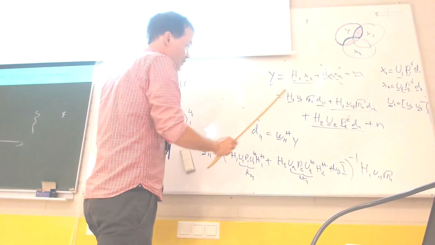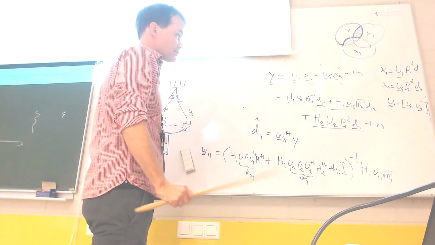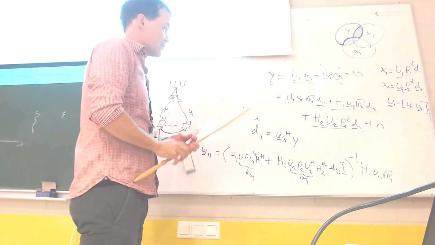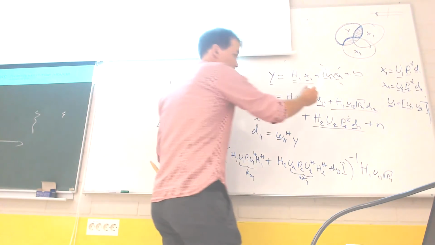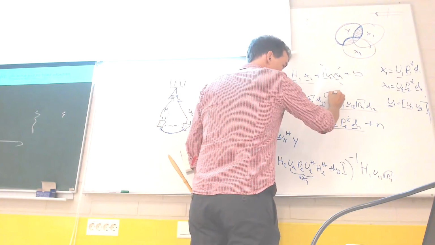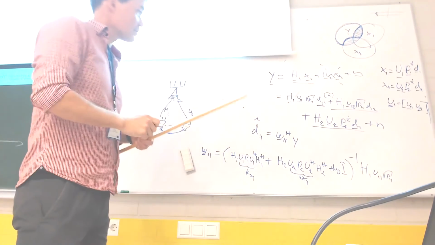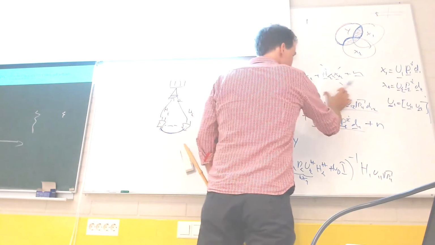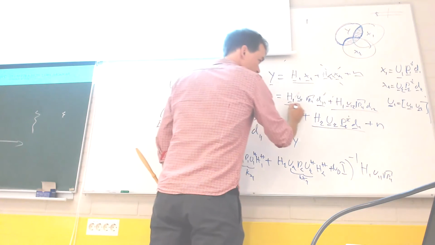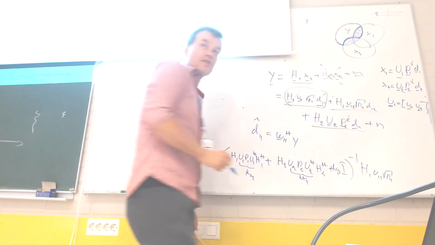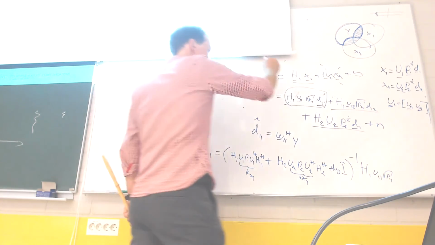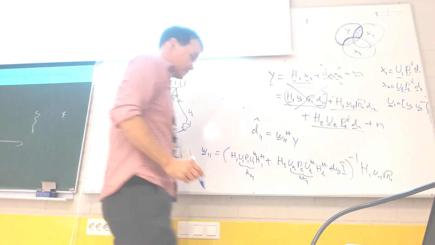And then you can reconstruct all these. I'm ignoring here the time index n. So for each time index n, you can reconstruct these terms, right? And you can subtract.